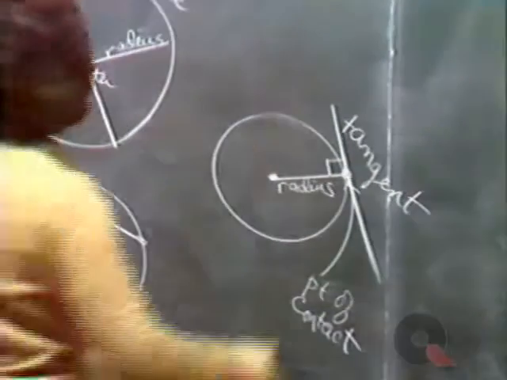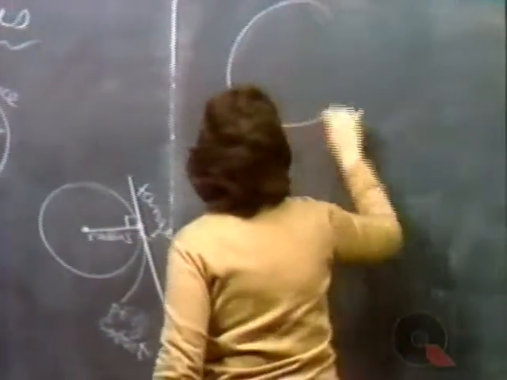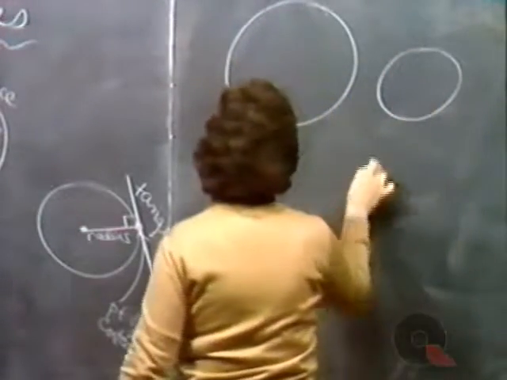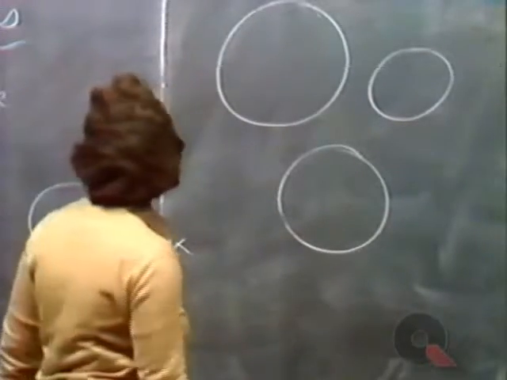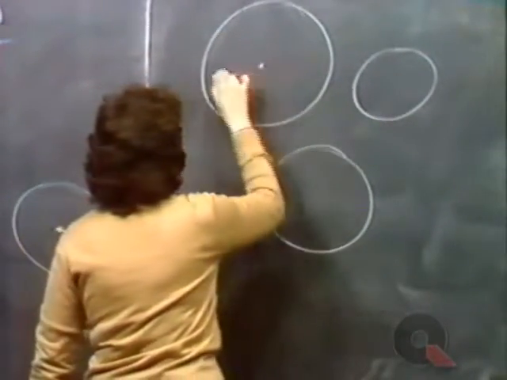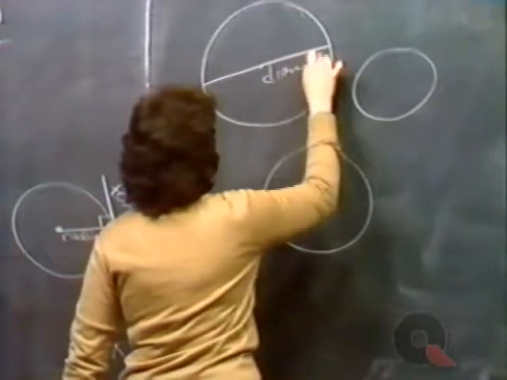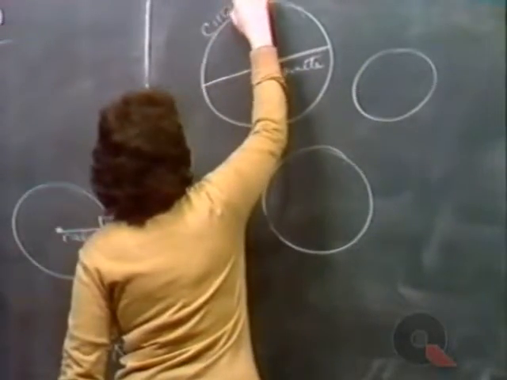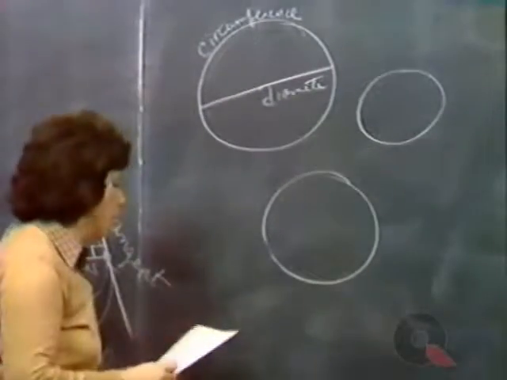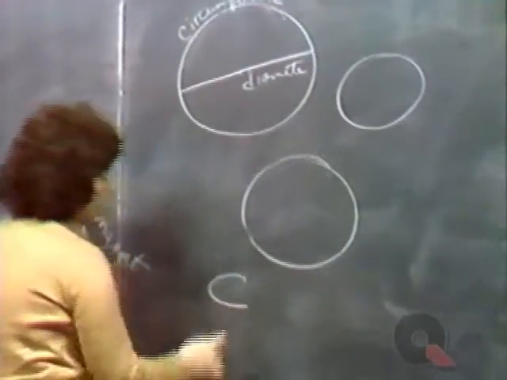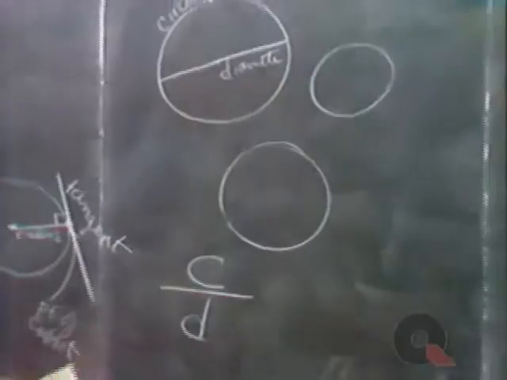Now, a long time ago, it was observed that for all circles, big ones, little ones, middle ones, if you were to figure out the circumference of the circle and compute the diameter as well, the circumference C divided by the diameter always came out to be the same quantity.